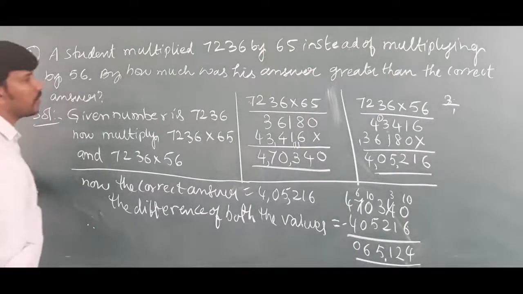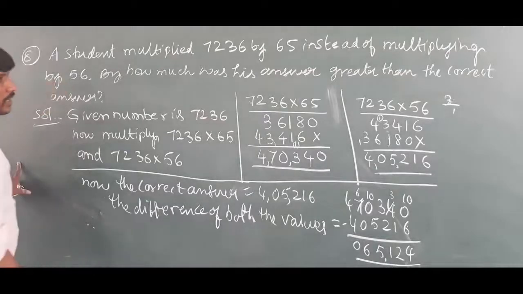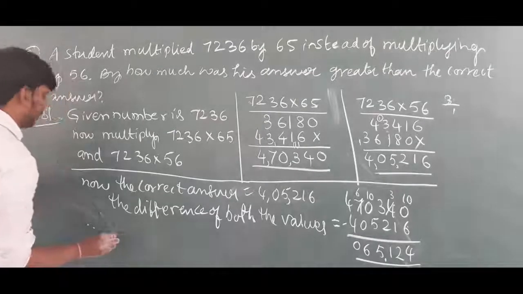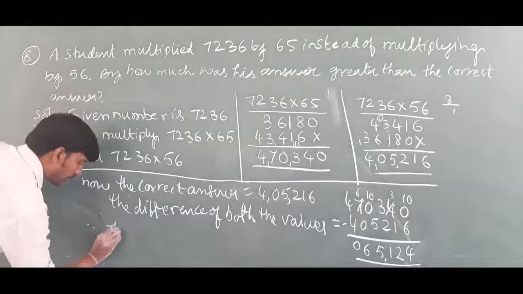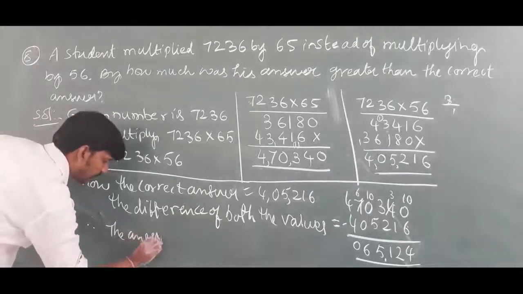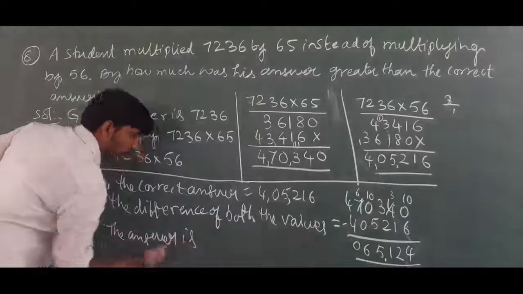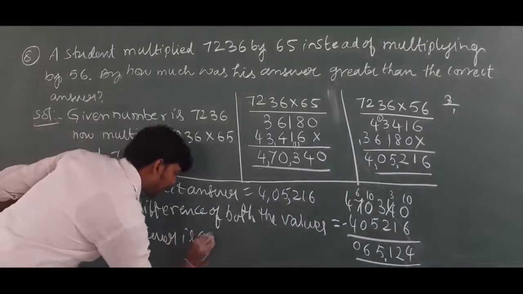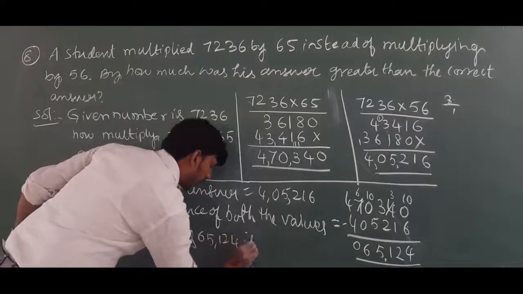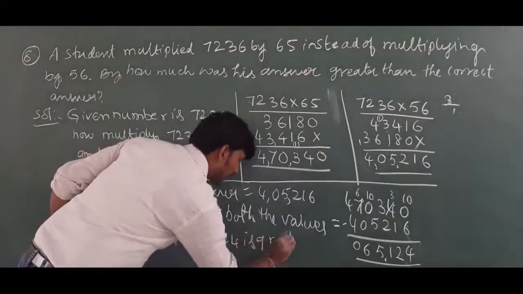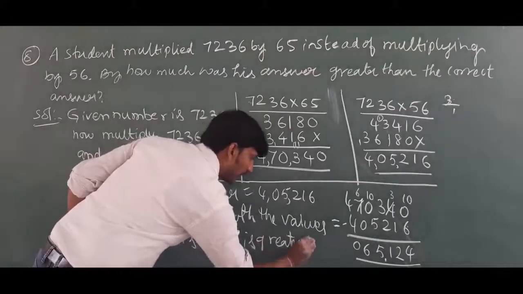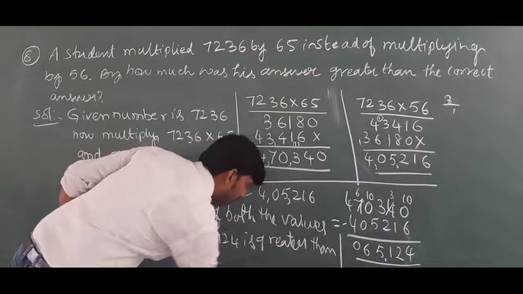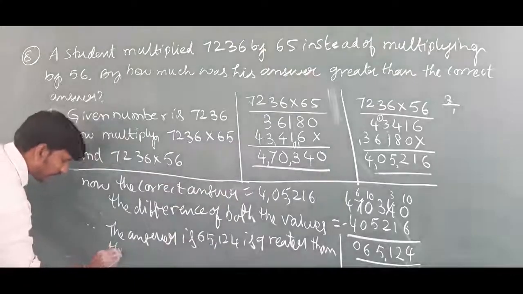So therefore, how much is the answer greater than the correct one? The answer is 65,124 greater than the correct answer.